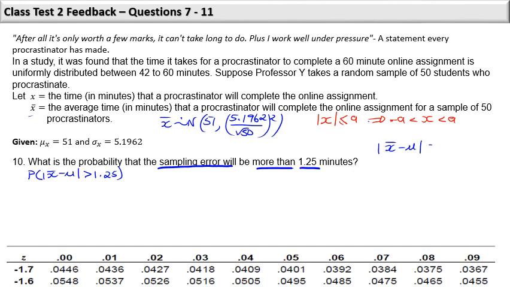The other one says if you've got the absolute value of x greater than or equal to a, then this simplifies to x being greater than or equal to positive a, or x being less than or equal to negative a. The reason these two are true is because the absolute value is a distance, right?